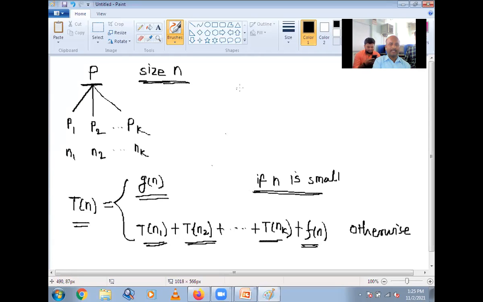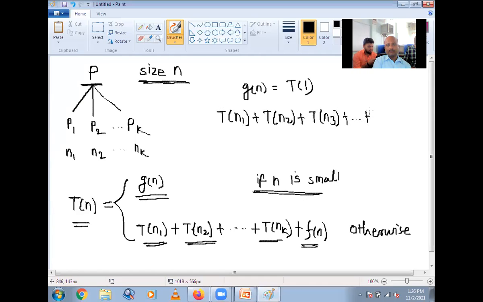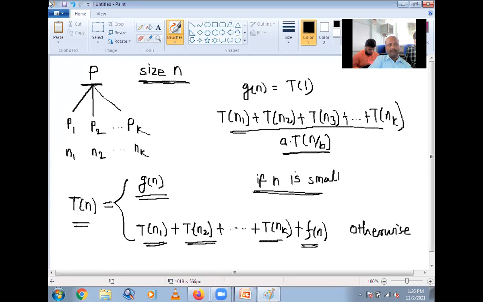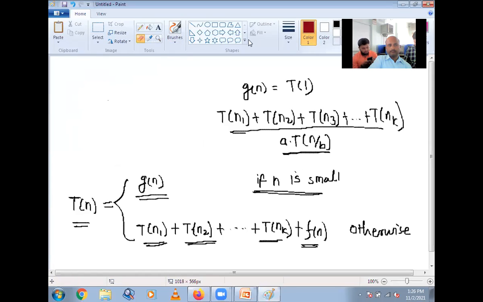If N is small, we can write G of N is equal to T of 1 as it is, and for T of N1 plus T of N2 plus T of N3 plus T of Nk, we can write A into T of N by B. So T of N is equal to, instead of G of N, T of 1 if N is small.